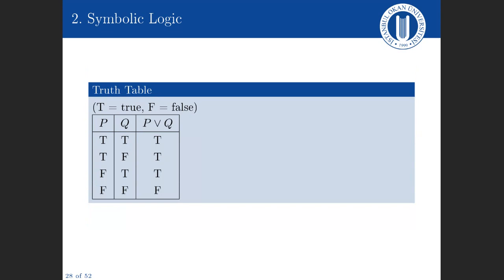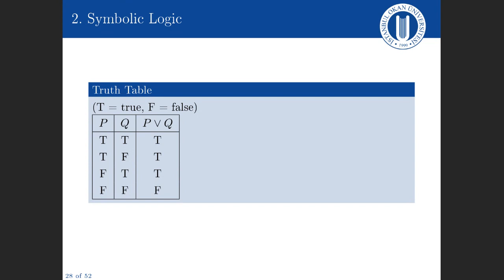We can understand OR using the truth table. P can be true or false, so there's two choices for P. Q can also be true or false.